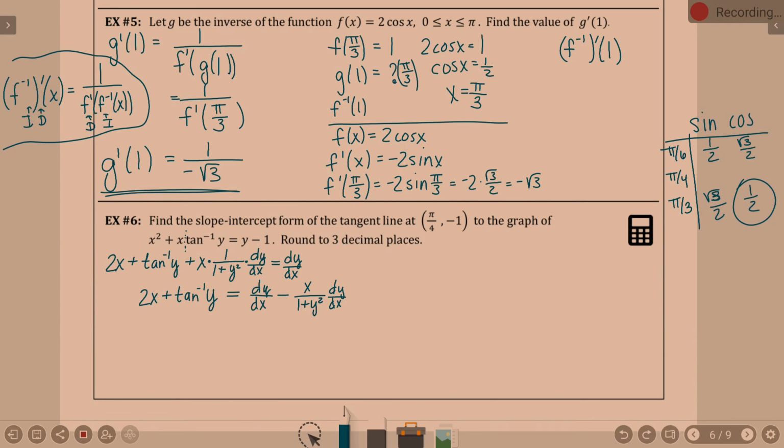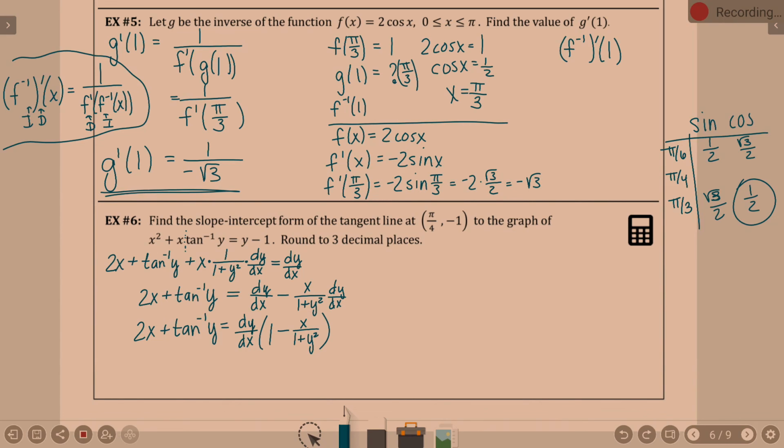Okay, I've got to factor out my dy dx first. I am factoring out dy dx on the right. When I factor dy dx out, I'm going to have 1 minus x over 1 plus y squared.